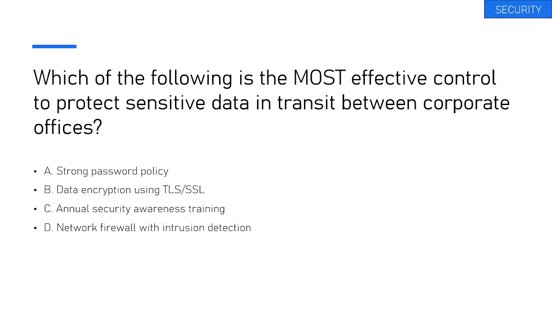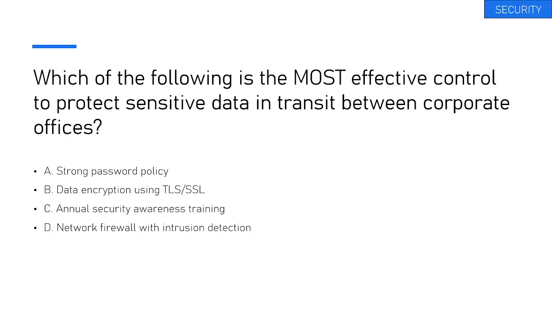Let's take a look at the choices here. The A is about having a strong password policy. Okay, there's a password that we implied, but the data in transit, how is it going to help, right? B is about encryption, so let's leave that alone for now because we talked about encryption before. The third one is about annual security awareness training. Okay, training is fine, but it does not secure the data, right? So you have to look at it from that perspective too.